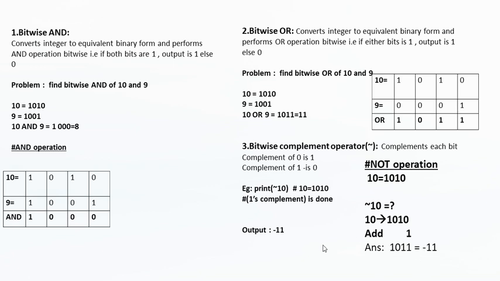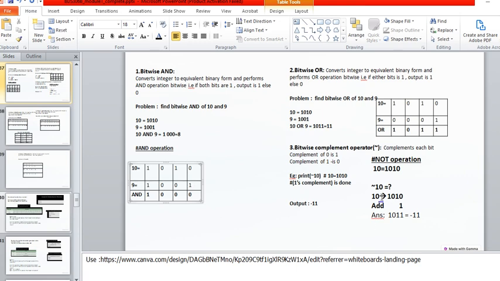That's it. So suppose I have to find the complement of, let's say, 15. The binary equivalent is 1111. To that if I add 1, what happens? 1 plus 1 is 0, and you will have a carry.